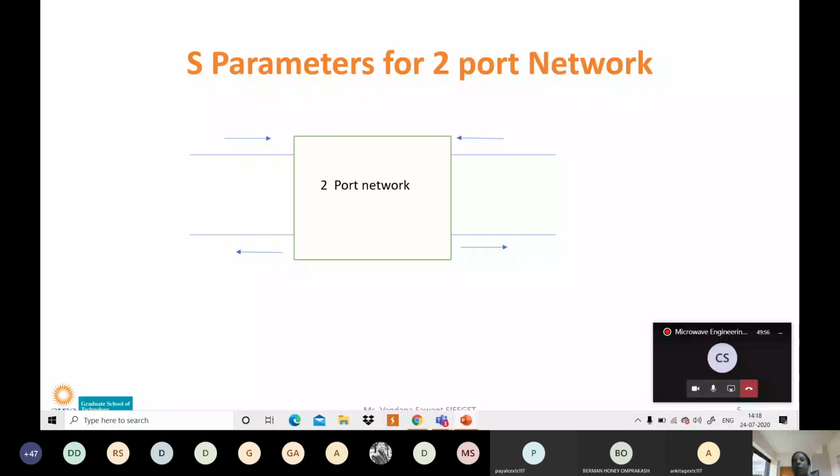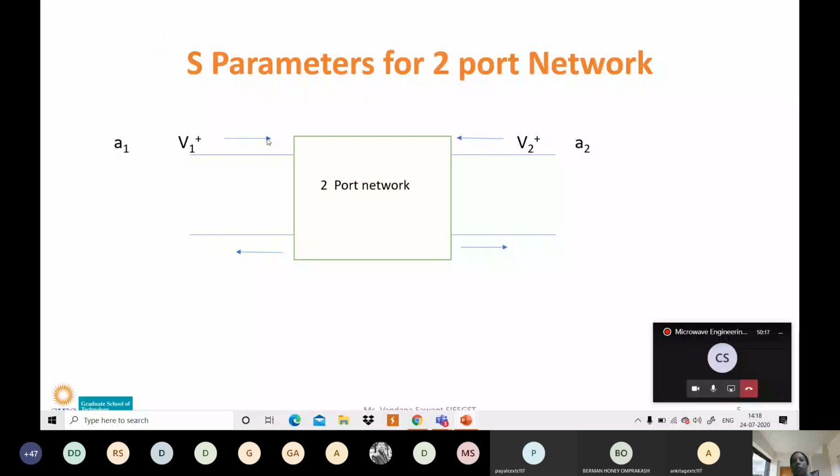So if we are inputting the signal V1 plus at port number 1, it will be indicated like this in the forward direction. See the arrow direction. This is my input signal V1 plus at port number 1.